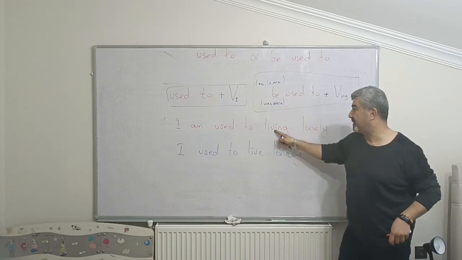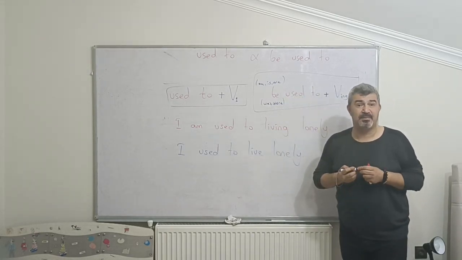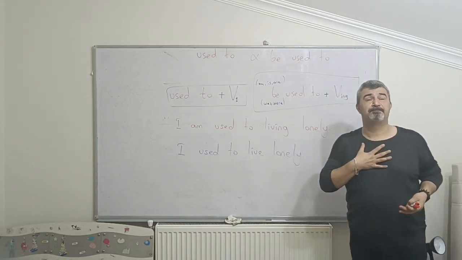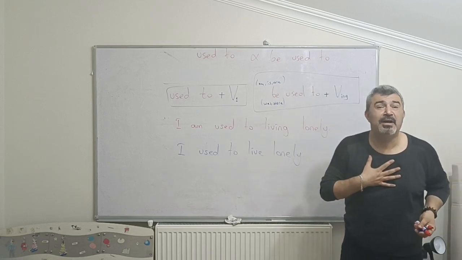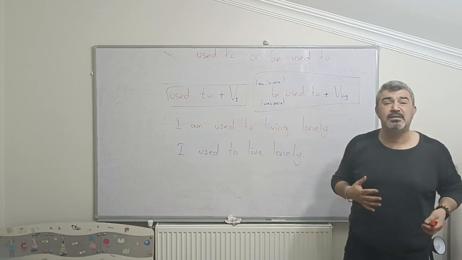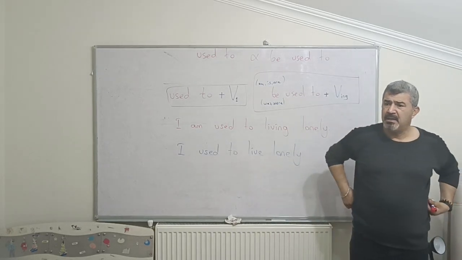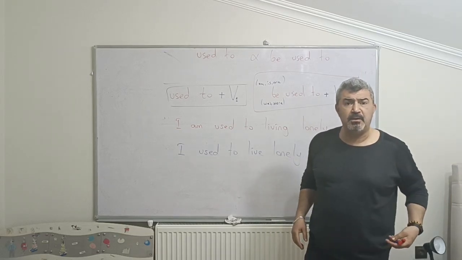But look at this one. "I am used to living lonely" means I am accustomed to living lonely. My friends ask me, hey, Bülent, aren't you afraid of living lonely?